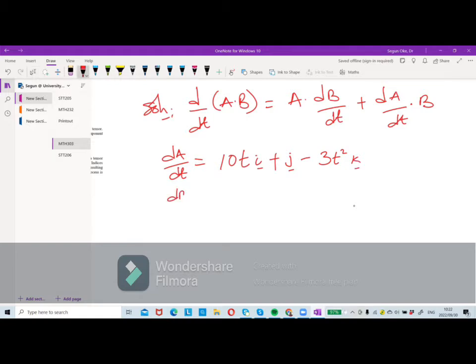Let's do the same thing for dB/dt. We differentiate it before we start multiplying, so that it will be easier for us. When you differentiate sine t, you have cos t i, minus, when you differentiate cos t, you have negative sine t j.